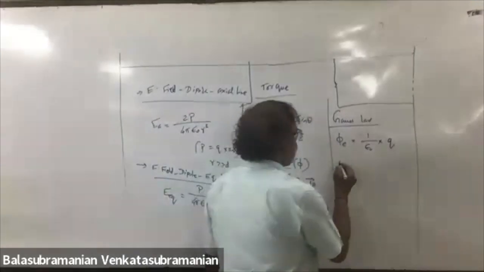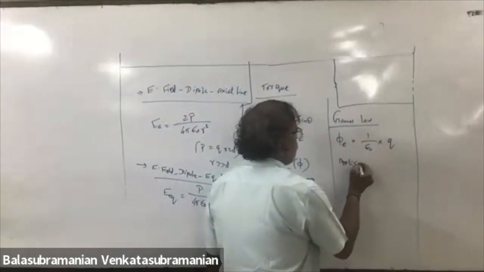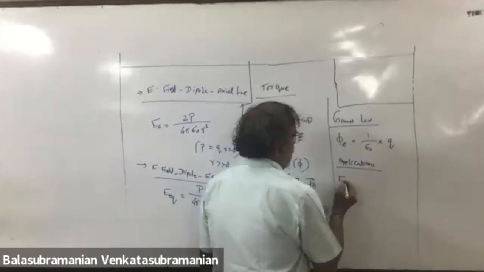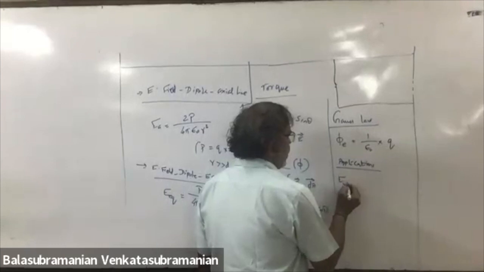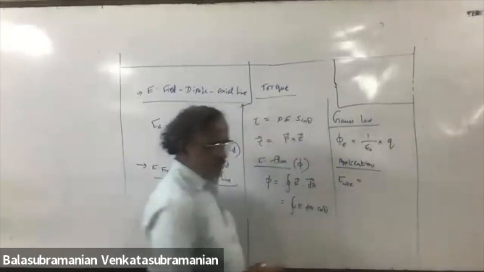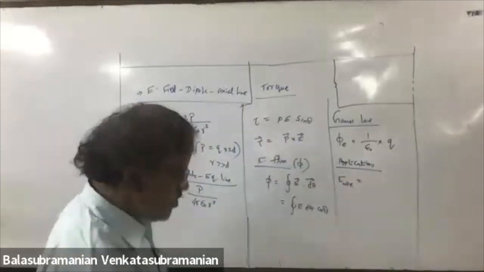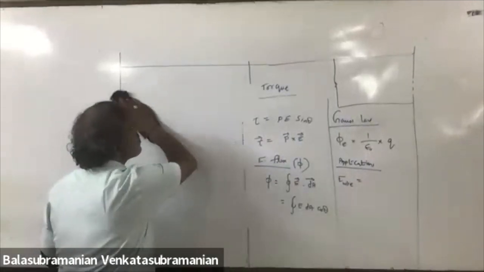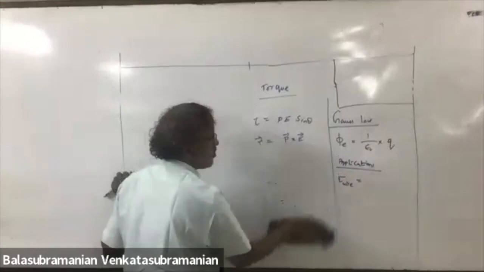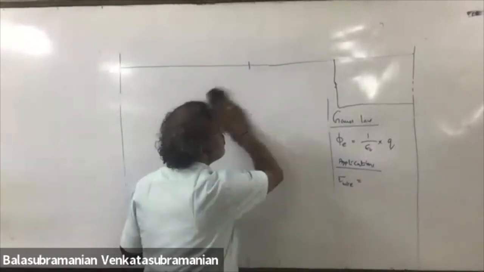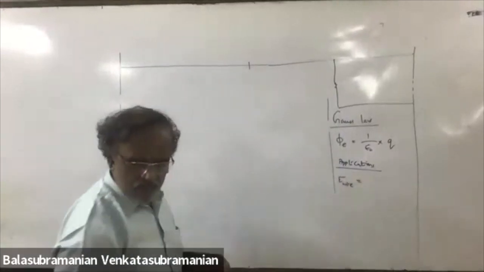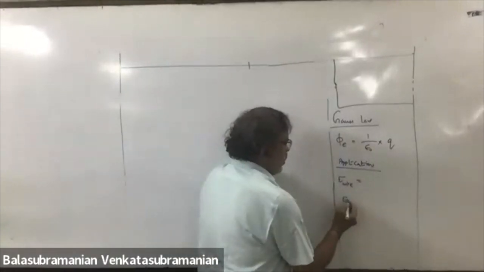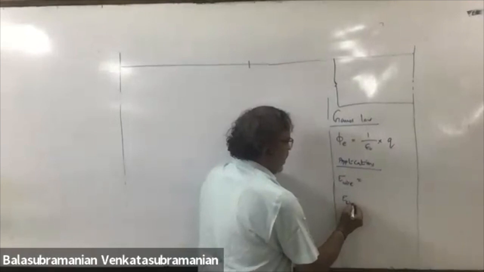Three applications we have in Gauss law. Electric field due to a wire. Electric field at a point due to a single plane sheet.